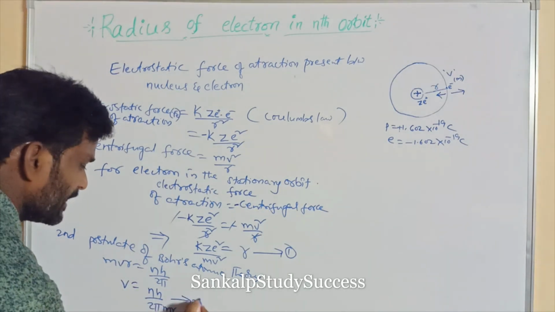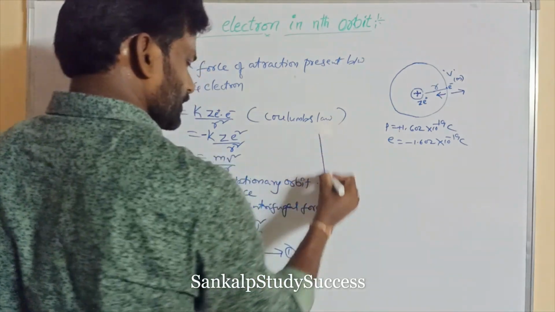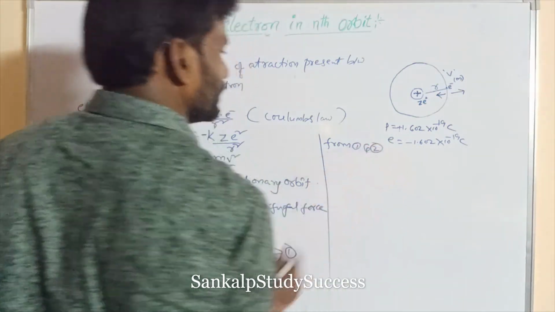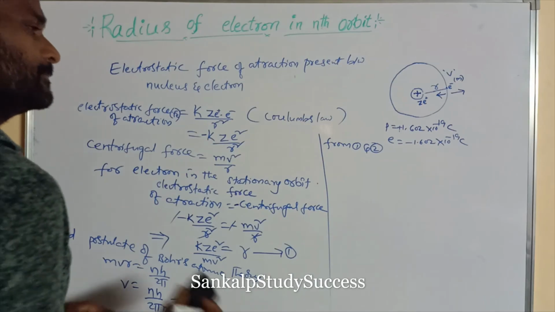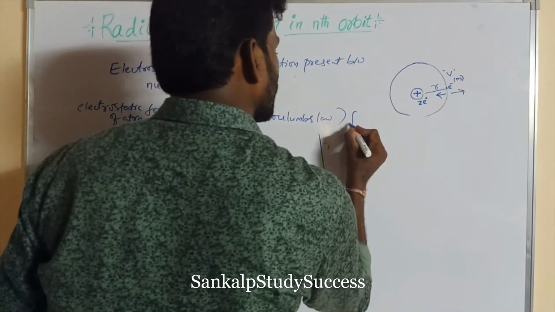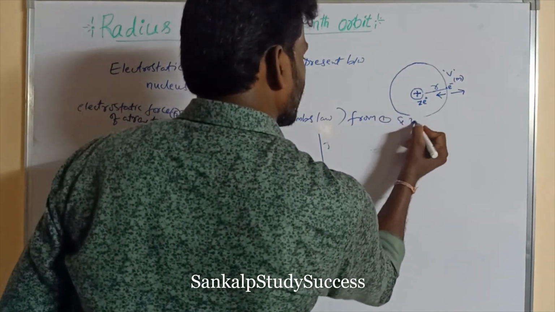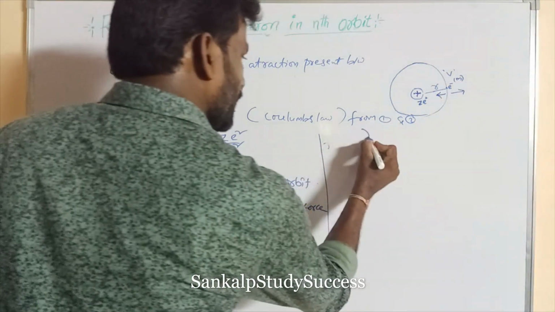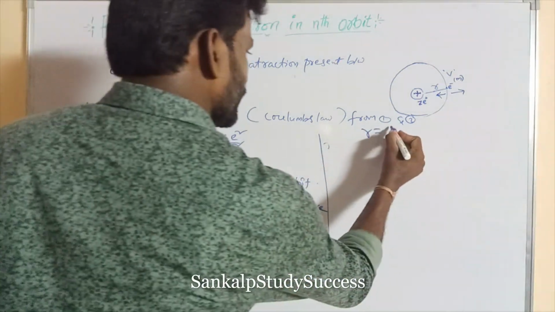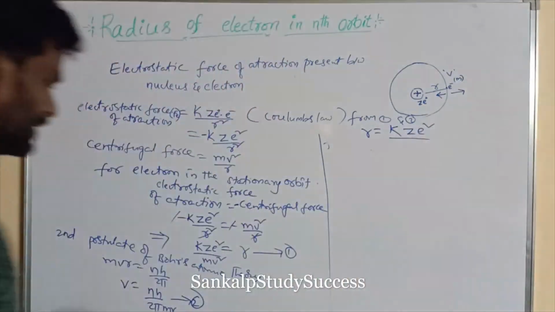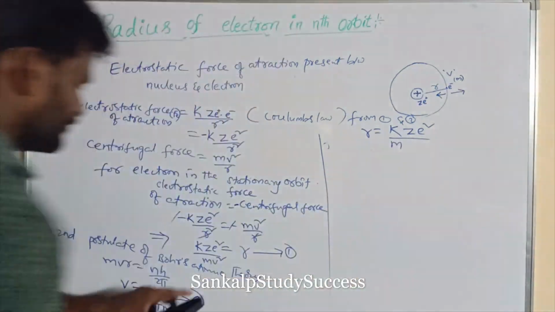From 1 and 2. What is 1? r is equal to k into ze square by m v square.